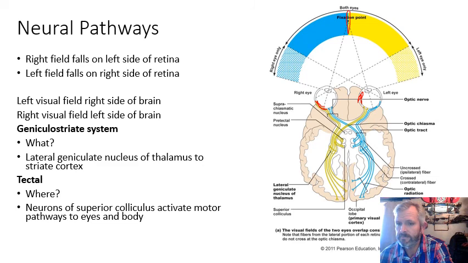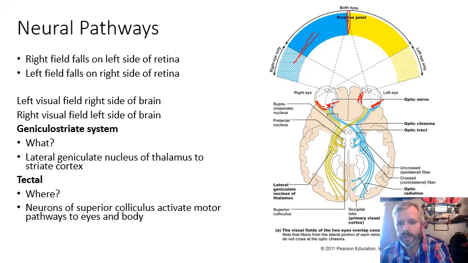So the medial of the left and the lateral of the right are all going to go to the left, whereas for the right visual field, the light hits the medial of the right and the lateral of the left, and those are going to go all to the right side. Okay, so that is how that is operating.